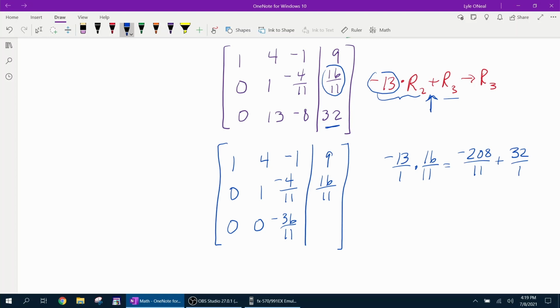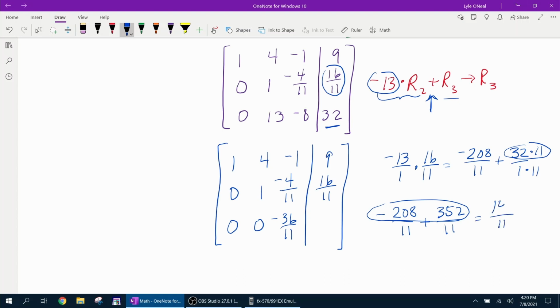And then I'm going to need a common denominator. So multiplying top and bottom by 11 is going to give me negative 208 over 11 plus whatever 32 times 11 is, and that is 352. And then I simply need to do negative 208 plus 352 to get that final piece of the puzzle.